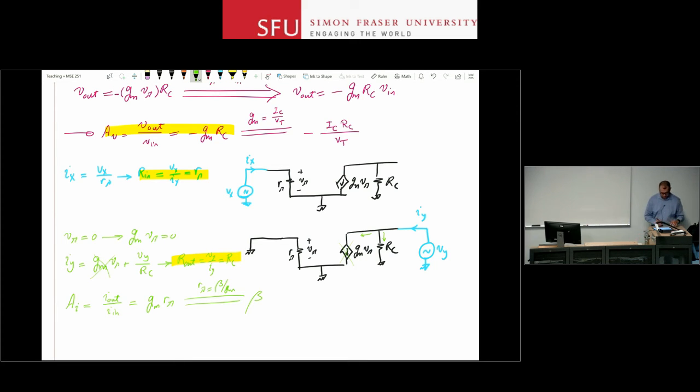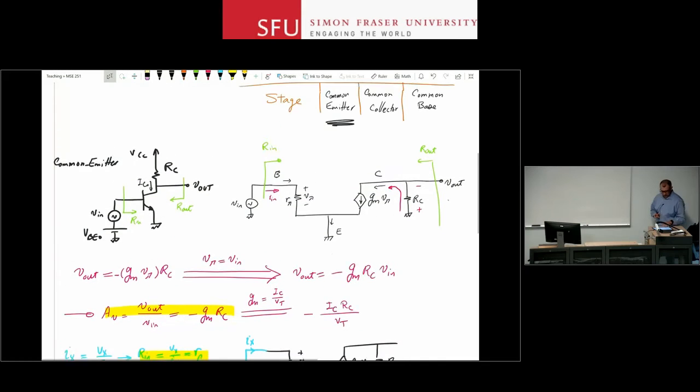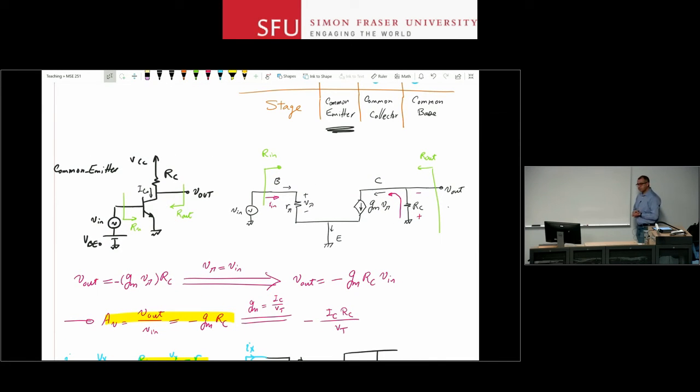So, now, if you look at this circuit, just by looking at it, I don't think most of you should really like it that much. The problem with that circuit is that I'm putting a fixed voltage across the base-emitter junction.